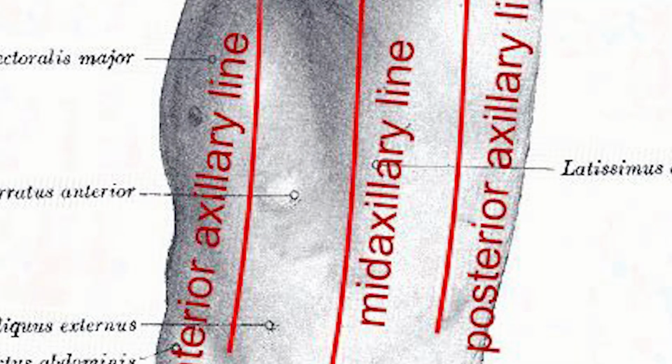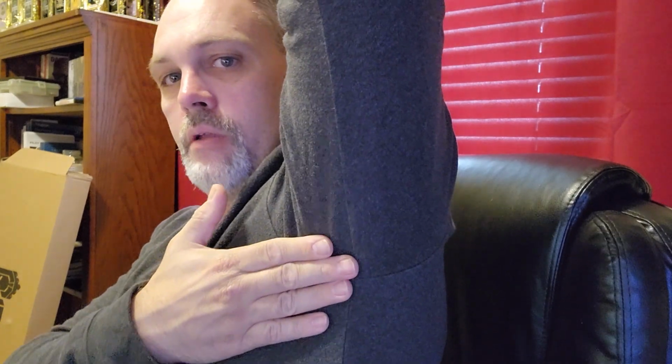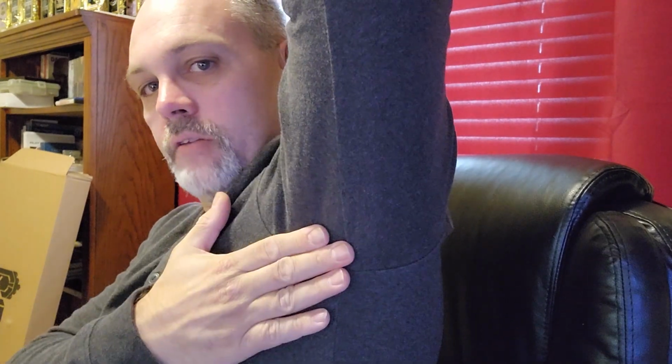Underneath the armpit, running basically straight down, where you can see kind of where the seam of my shirt is, that's called the mid-axillary line. You ever hear someone say, I took an axillary temperature, it means they used the armpit as a place to take a temperature.